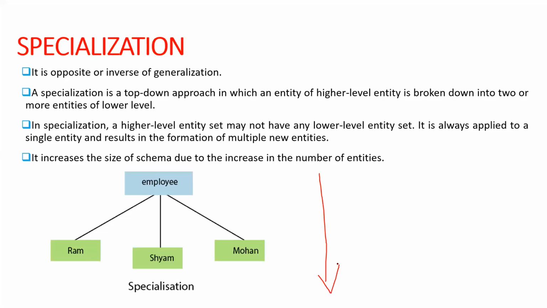So it is not a must to have a lower level entity set. It is always applied to a single entity and results in the formation of multiple new entities. So we are going to get more entities from a single entity. Okay, that is the higher level entity.